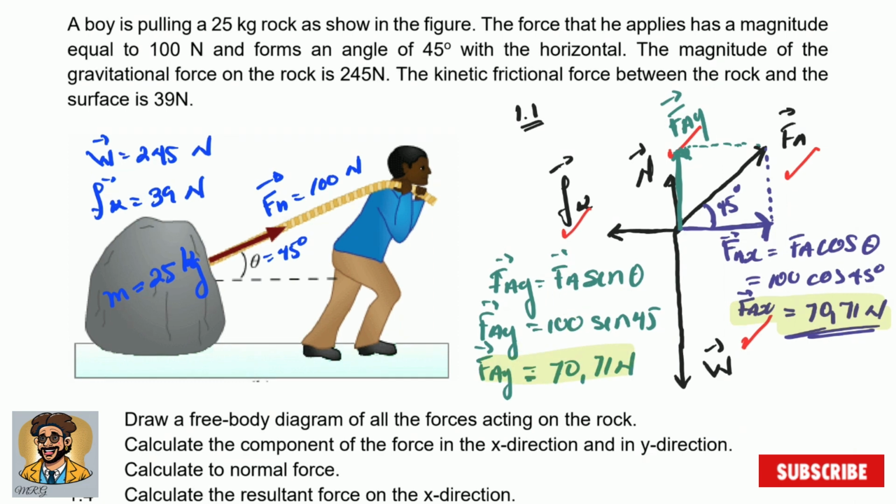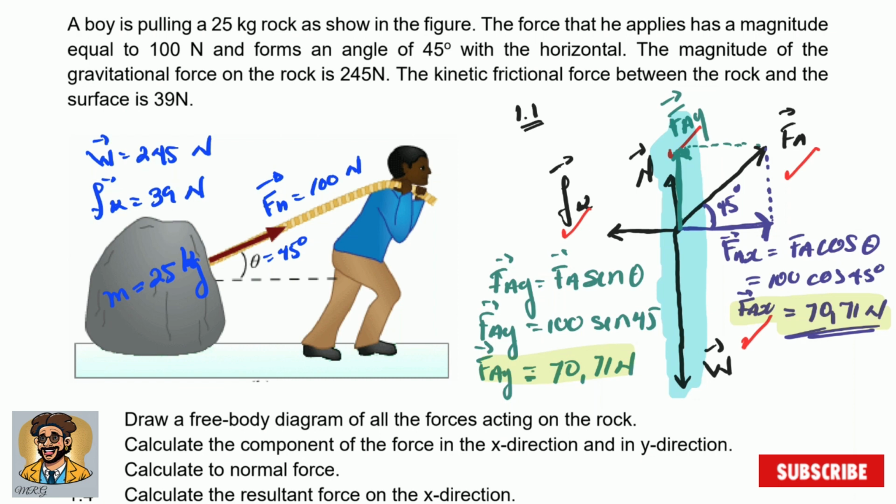Now calculate the normal force. To calculate the normal force, we have to go to the y-axis, because the normal force is in the y-axis. In the y-axis, the forces are at equilibrium.